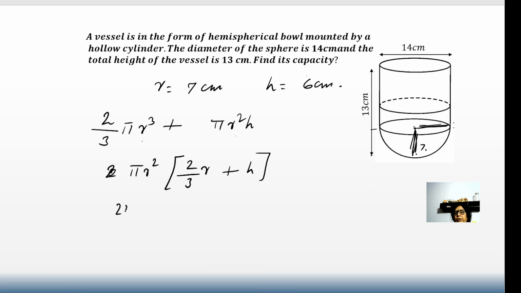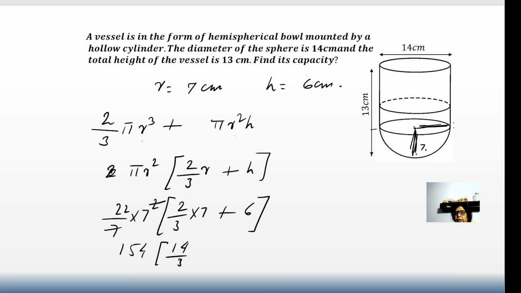So this is 22 by 7 and r is 7 square, 2 by 3 into 7 plus 6. So this becomes, 7 gets cancelled. So 154 into 14 by 3 plus 6.